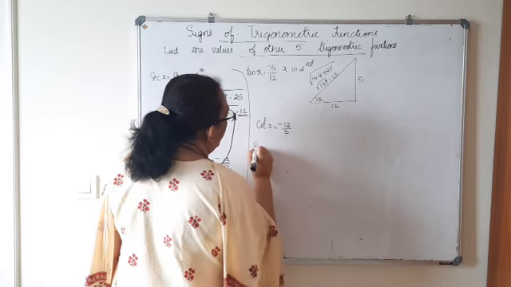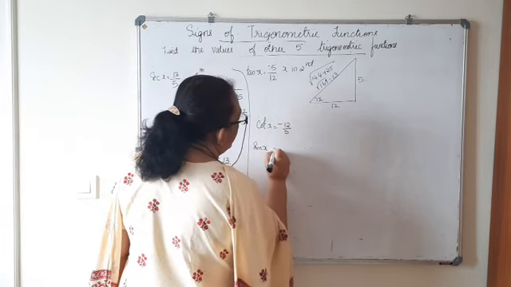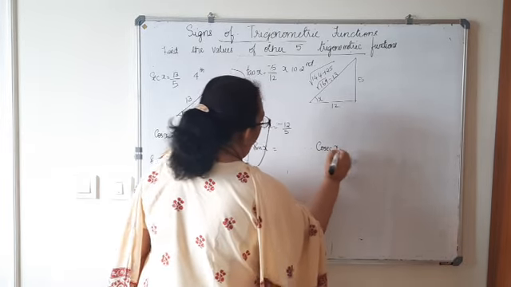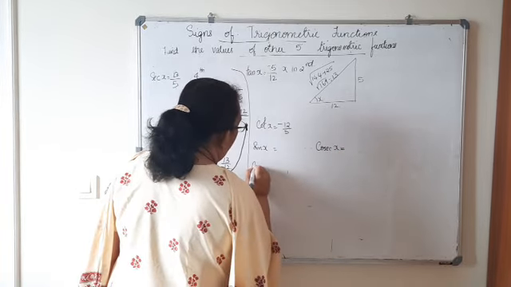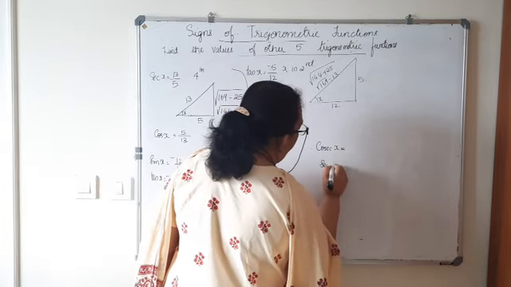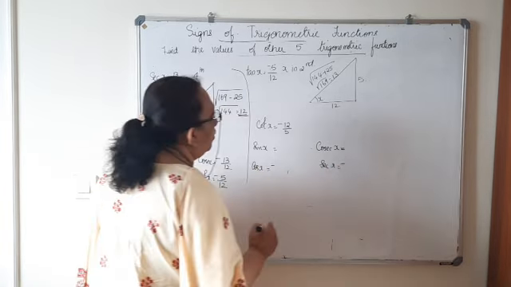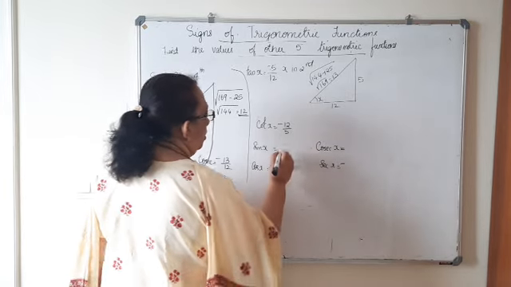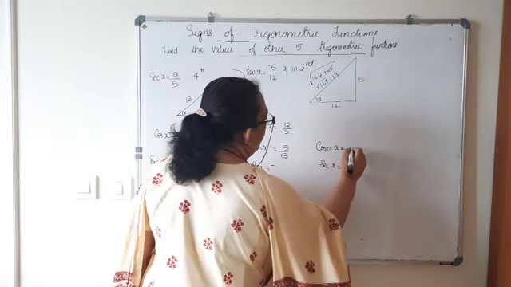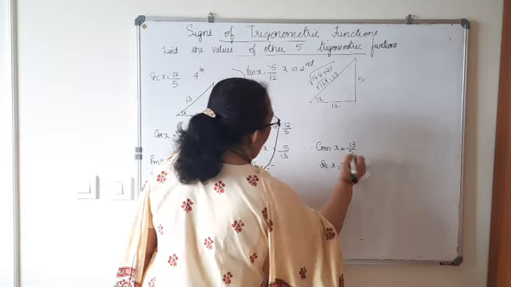In the second quadrant, sin x is positive, cosec x is positive. Cos x is negative, sec x is negative. What is sin x equal to? Opposite side by hypotenuse, 5 by 13, and the reciprocal, cosec x, is 13 by 5.